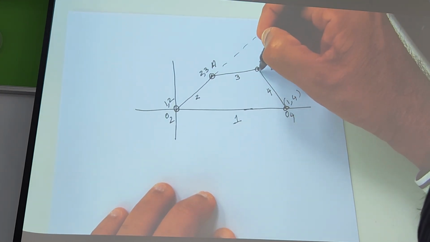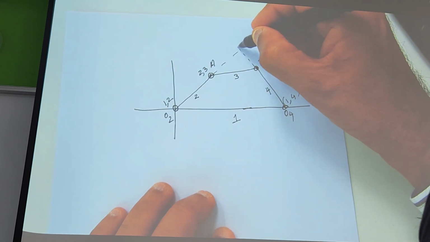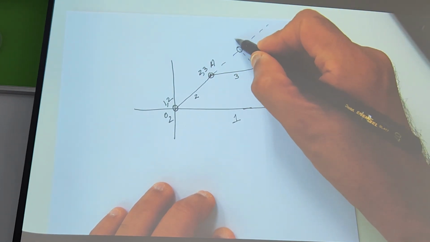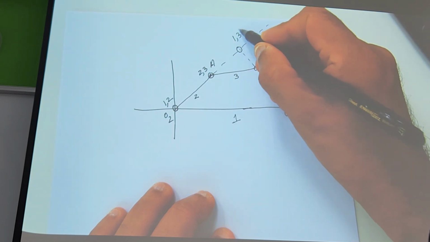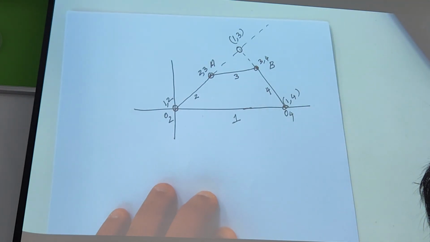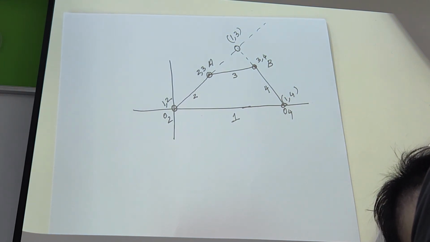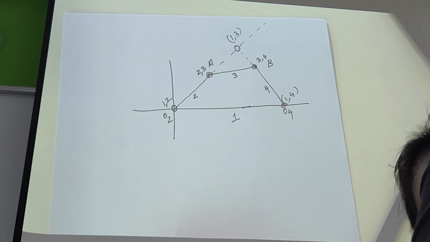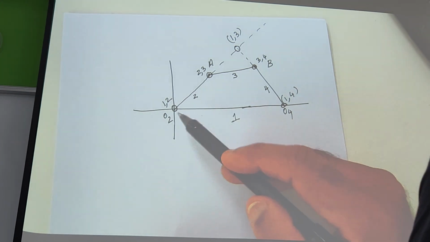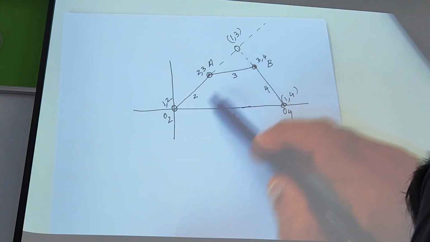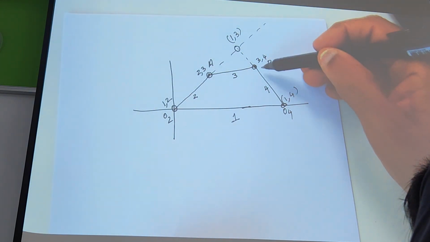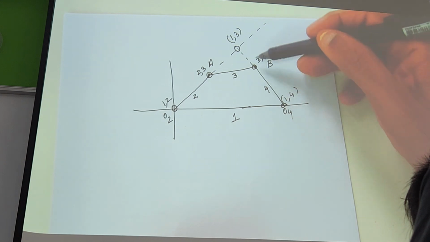You can join these two, and the intersection point will give us instantaneous center 1, 3. So basically 3 links in plane motion will have 3 ICs, and the 3 ICs will be on the same line. So 1, 2, 2, 3, 1, 3, all on the same line; 1, 4, 3, 4, 1, 3, all on the same line.